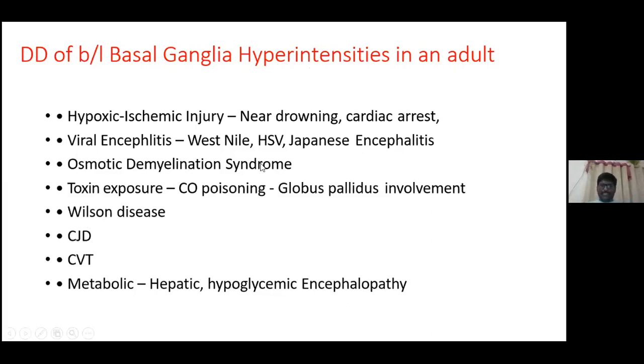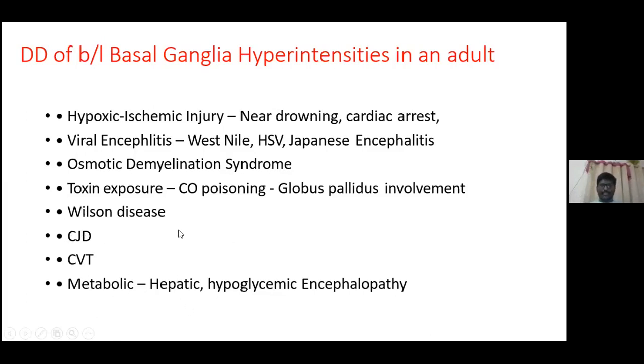In viral encephalitis, there is involvement of the mammillary bodies in Japanese encephalitis, and in HSV and West Nile, some basal ganglia are involved. So some infections, some ischemic injuries, toxin exposure, and some metabolic disorders like Wilson's, and there are pulvinar hyperintensities in Creutzfeldt-Jakob disease.